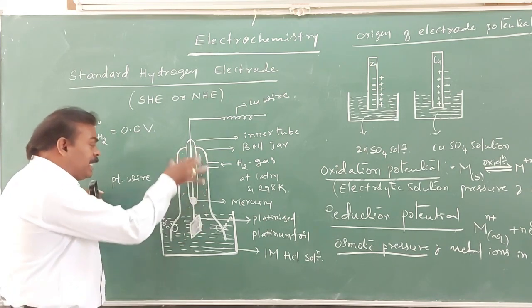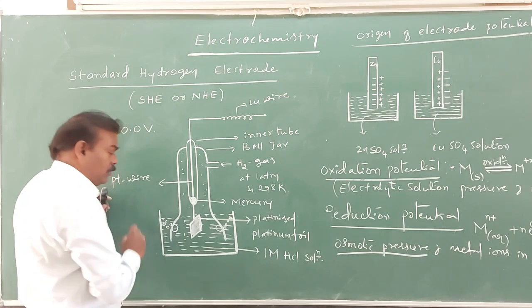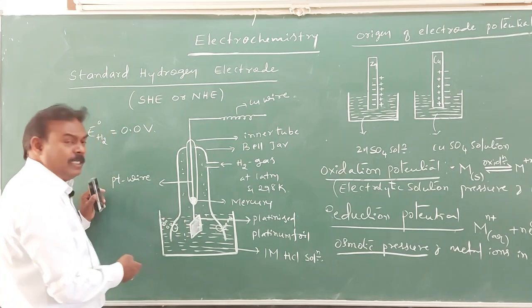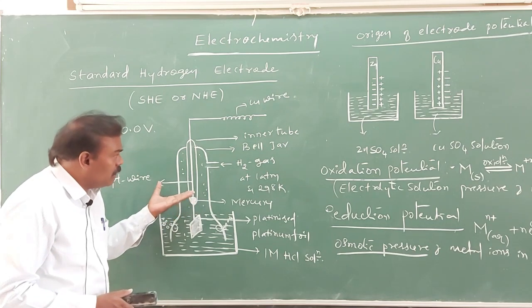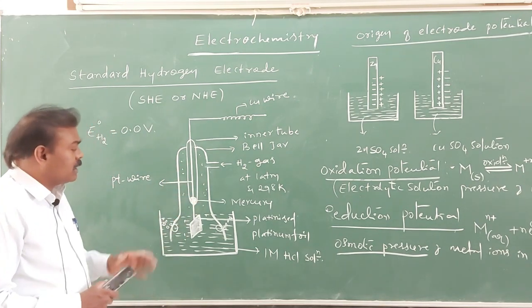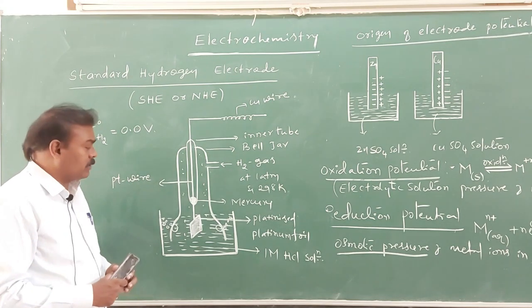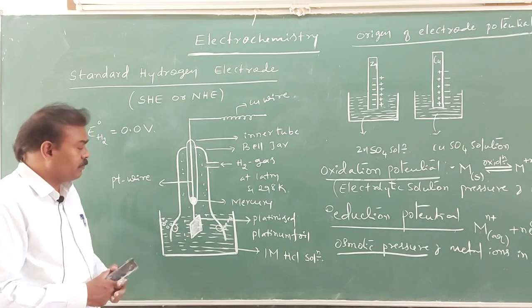If the space inside the bell jar is completely filled, then the bubbles of hydrogen gas will be coming out.